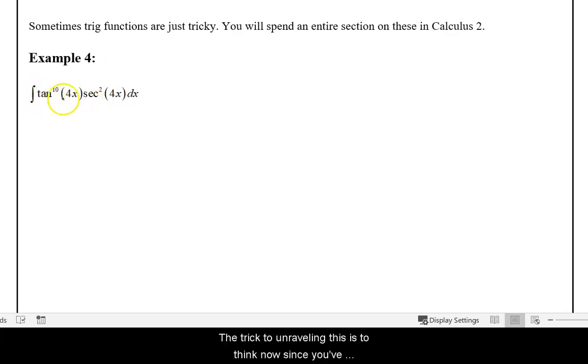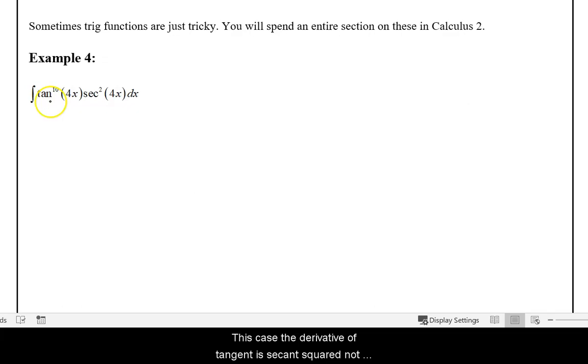The trick to unraveling this is to think now, since you've identified that 4x is inside and probably at some point will be a u substitution, you've got to deal with the fact that you have 2 different trig functions. When you have 2 involved, try to think in terms of, well, which one's the derivative of the other?